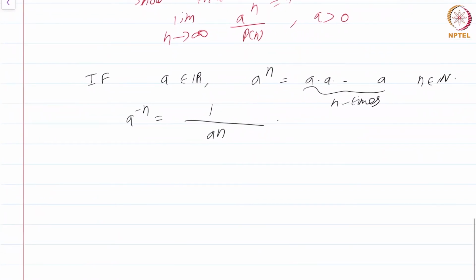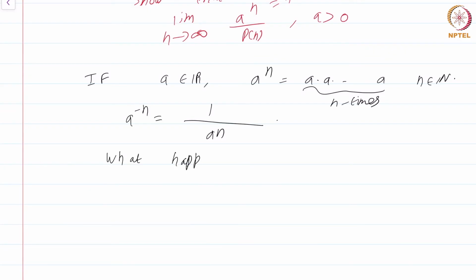Now what happens if you take a power r, where r is a real number? Now this can be defined in several ways, but the most elegant way is to do it via exponentials and logarithms.